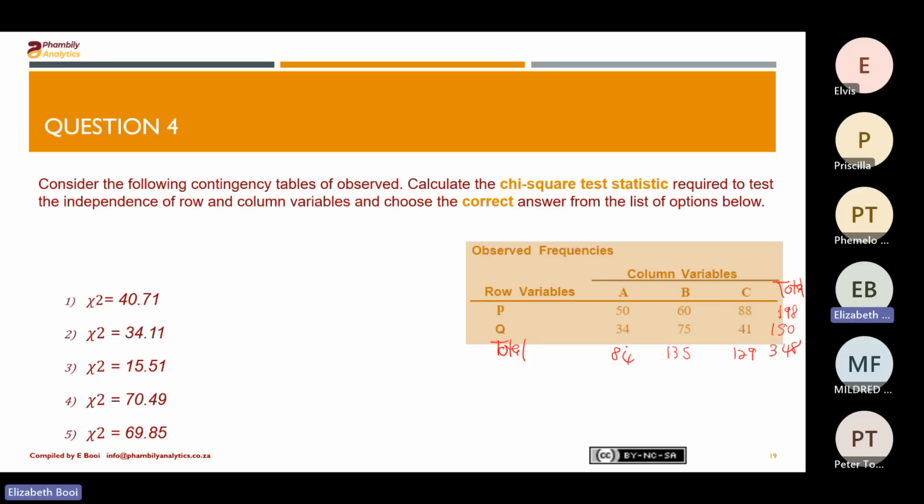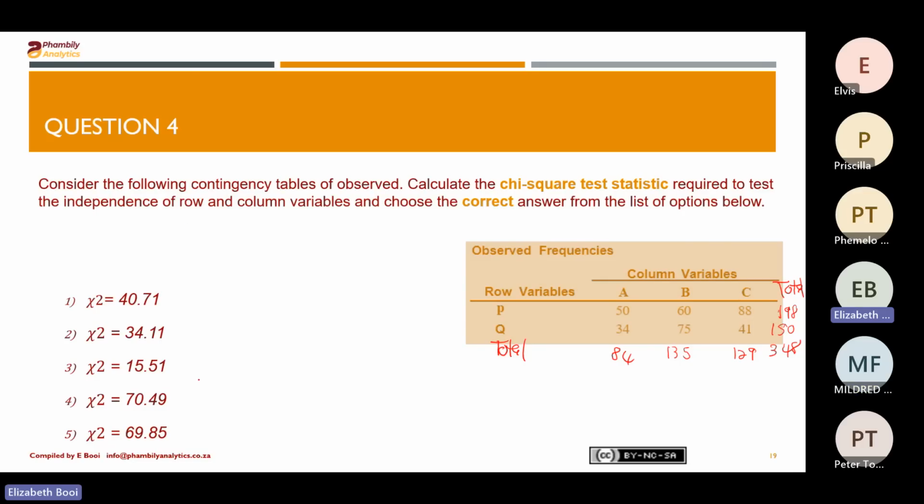So now let's calculate the expected values. For 50, it will be 198 times 84 divided by 348, which is 47.79.